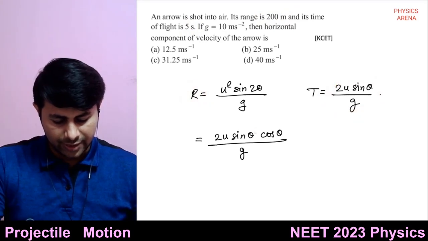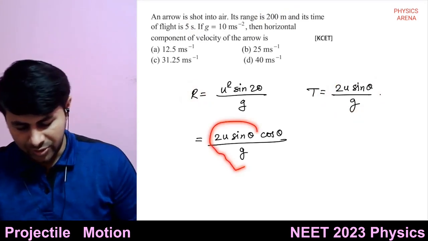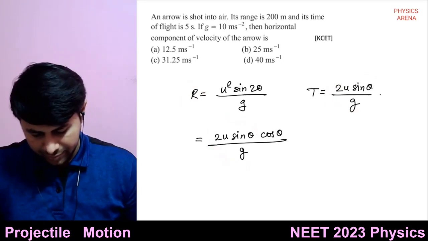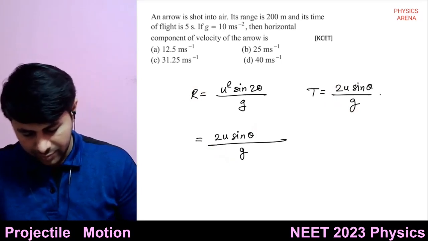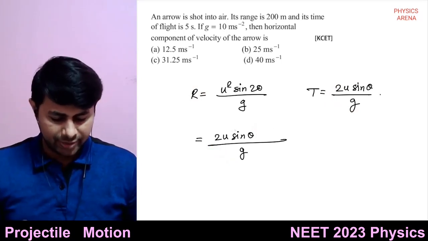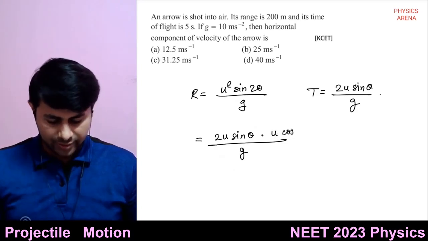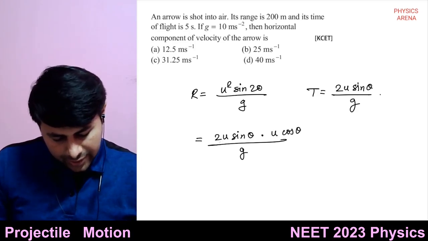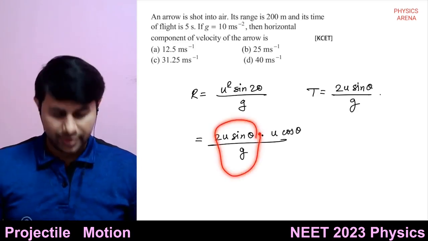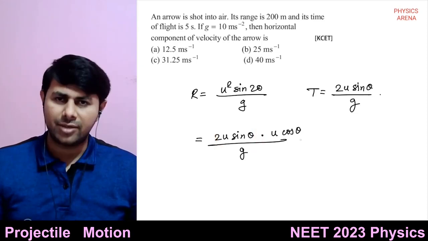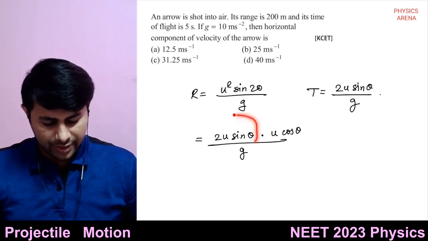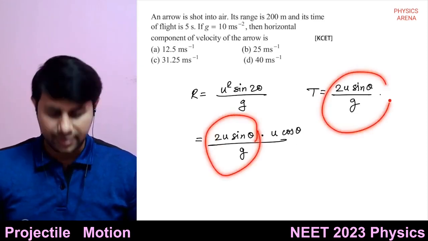This is 2u sine theta, oh no, one u is missing, 2u square. I missed the square. So this can be written as 2u sine theta multiplied by u cos theta upon g, and this thing is time of flight.